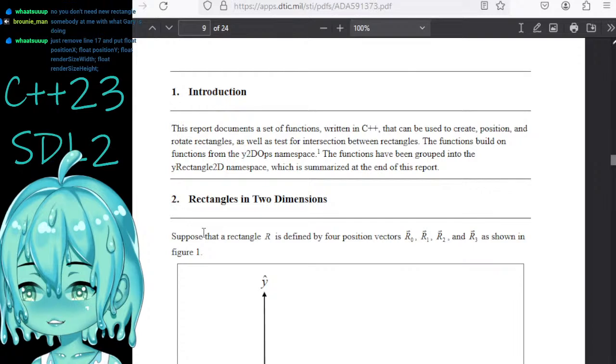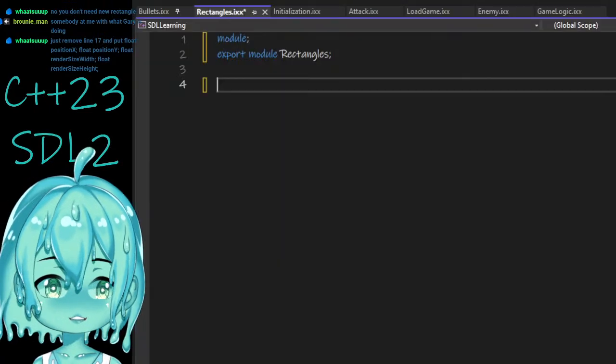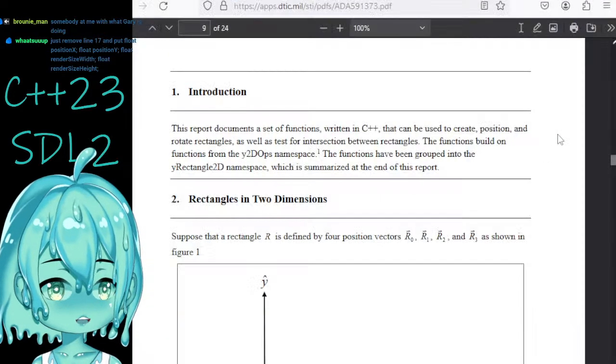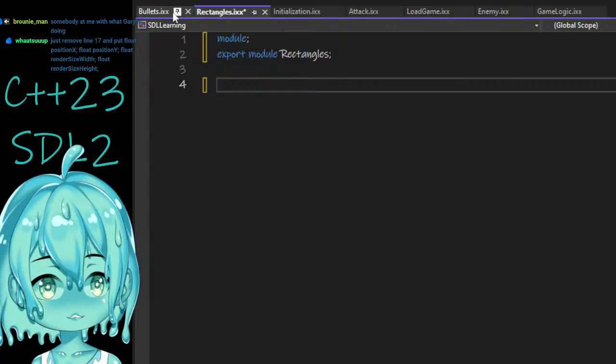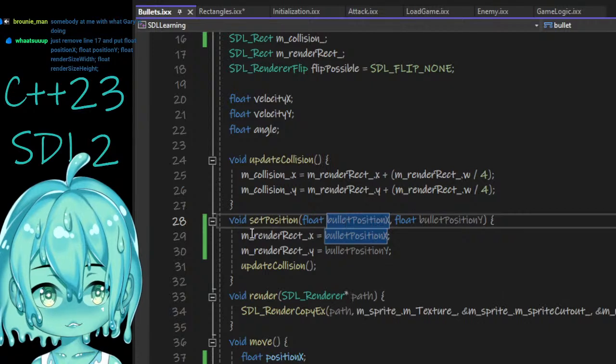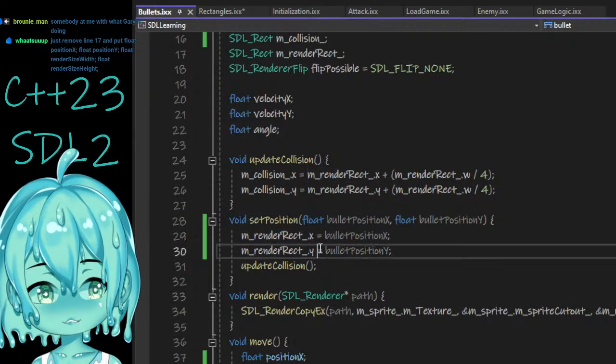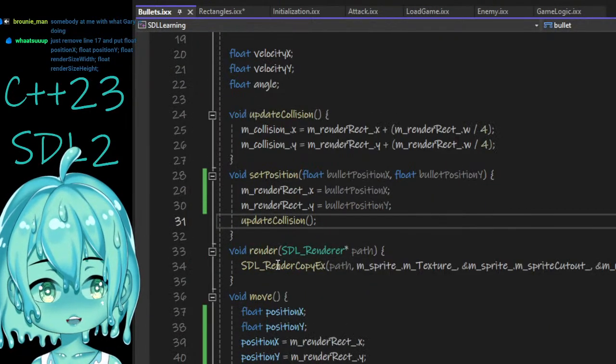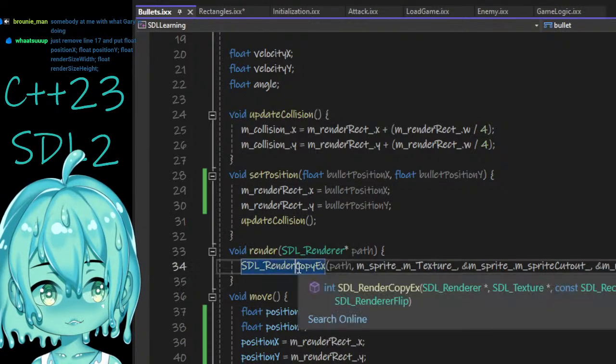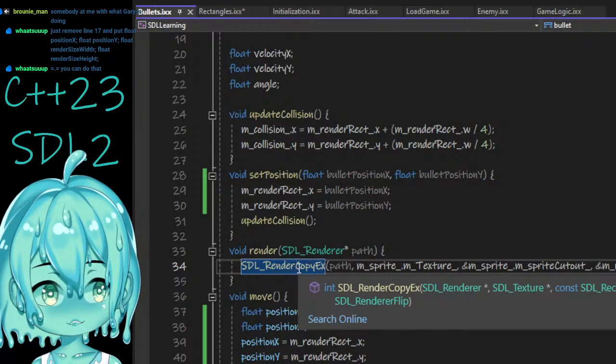Just remove line 17 and put float position X, float position Y, float render size width, float render size height. No. Wait, I can do that? No, I can't, because the renderer only accepts SDL rects.